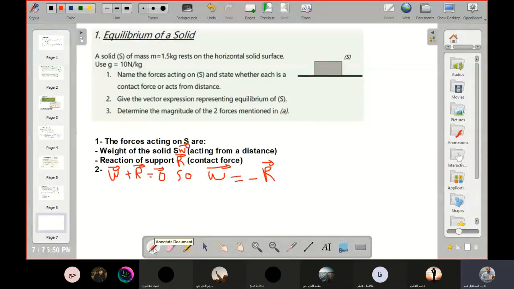Part 3. Fatima, part 3. Determine the magnitude of the two forces mentioned in A. Okay.